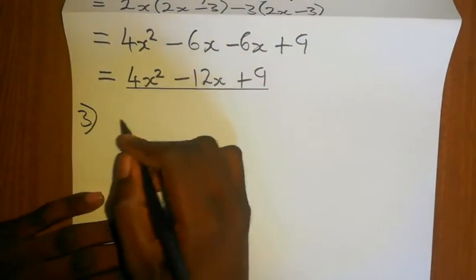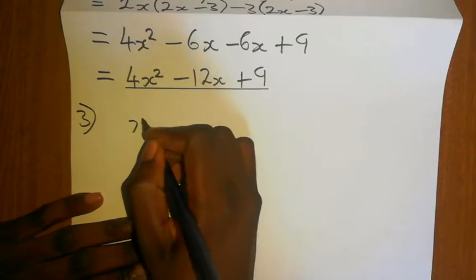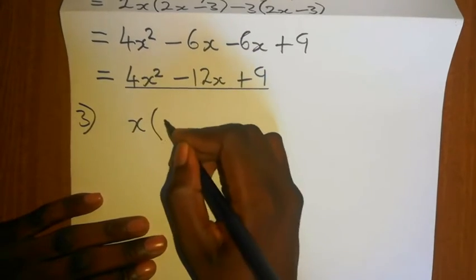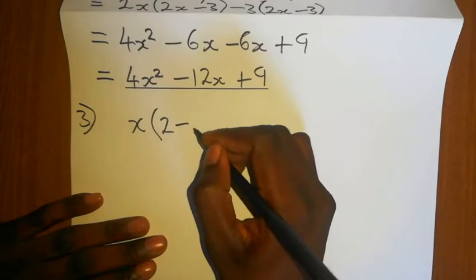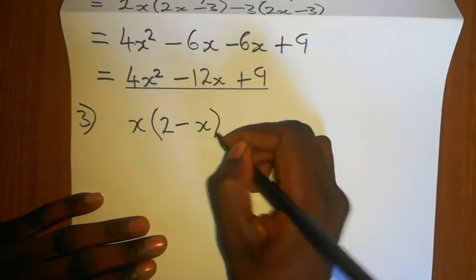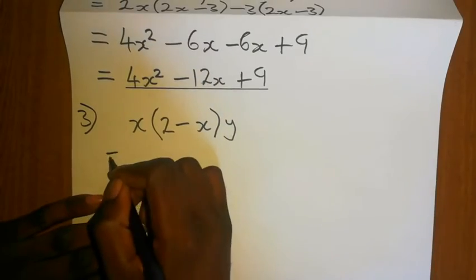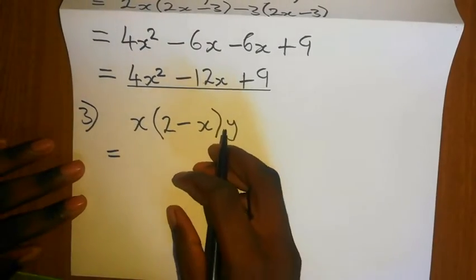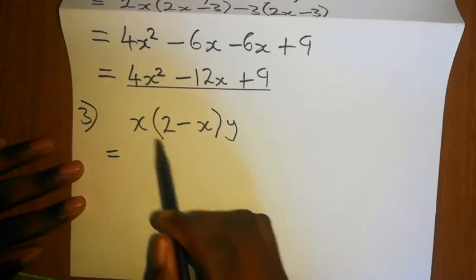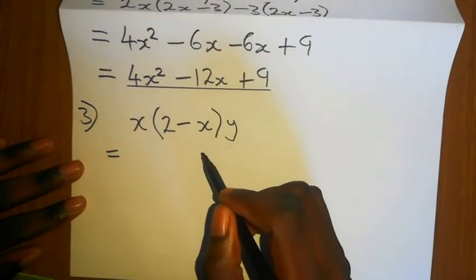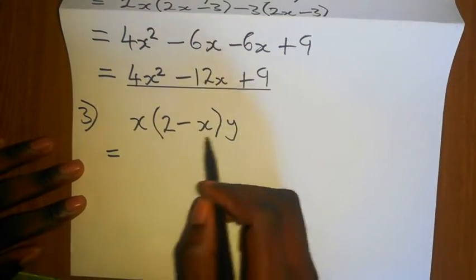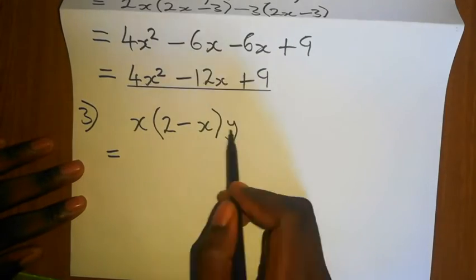Expand x open bracket 2 minus x close y. This is equal to, what you have to understand here is that as long as you see two terms outside the bracket that want to multiply this bracket, you have to first multiply those outer terms.